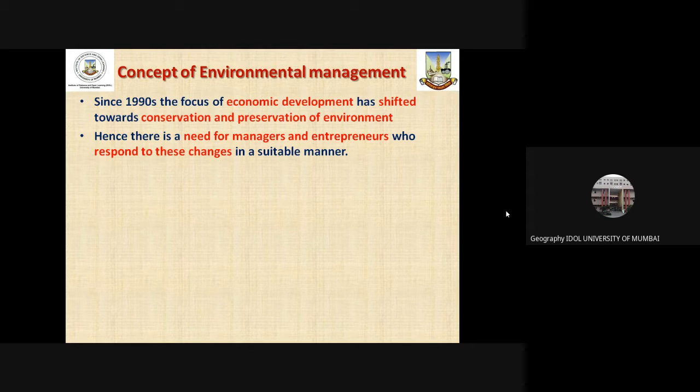Therefore, we need manpower like managers and entrepreneurs who will respond to rapid changes taking place in the natural environment due to economic progress in a sustainable, eco-friendly, and judicious manner.